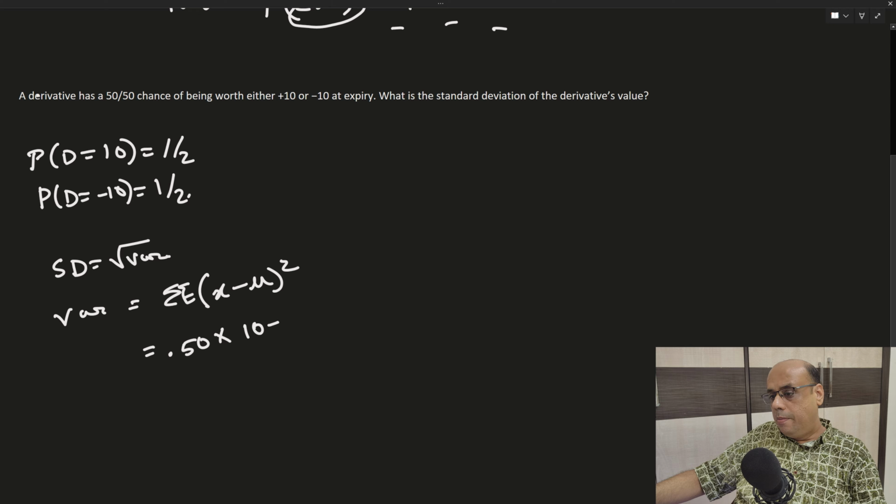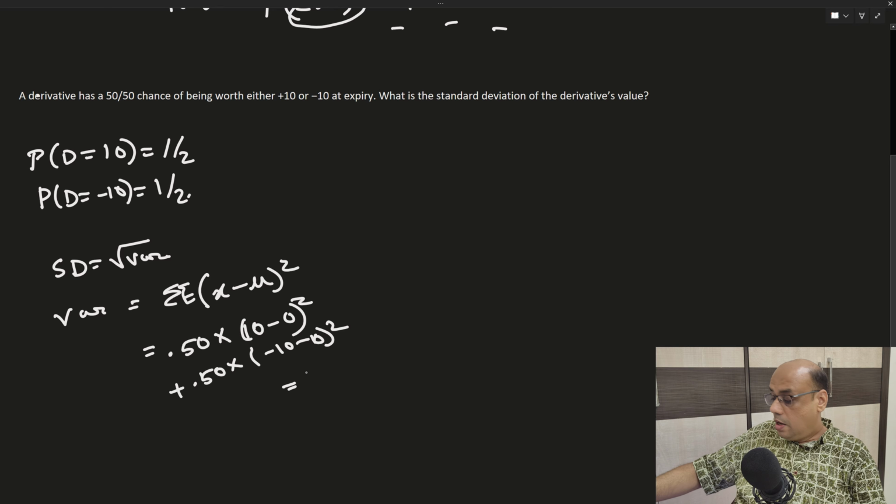So 10 minus 0 whole square plus 0.50 into minus 10 minus 0 whole square is equal to 100. So why is mu 0? Mu is the expectation of x, right?